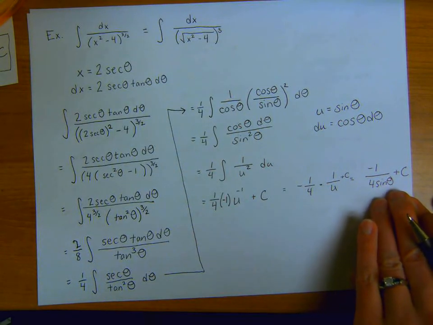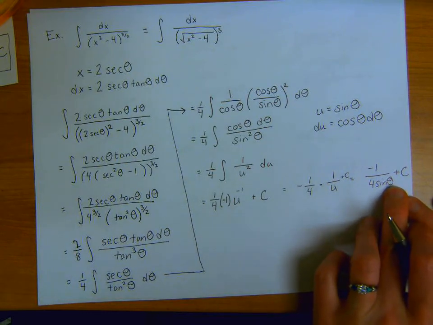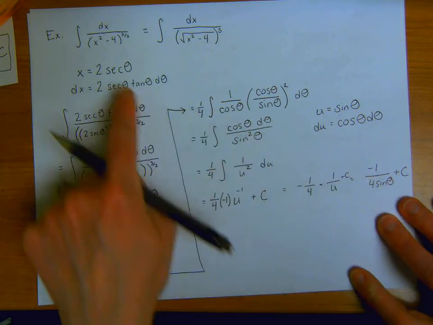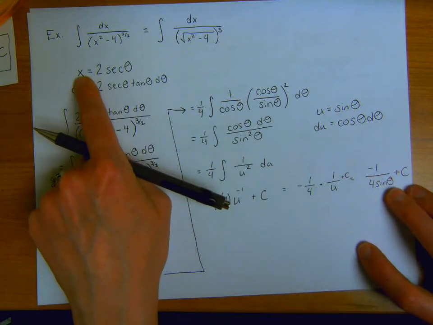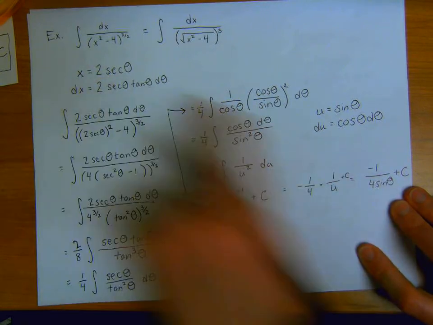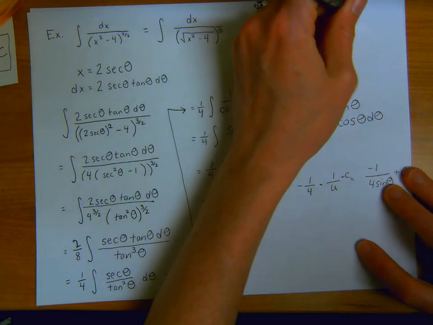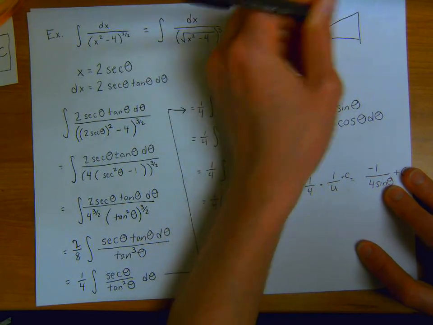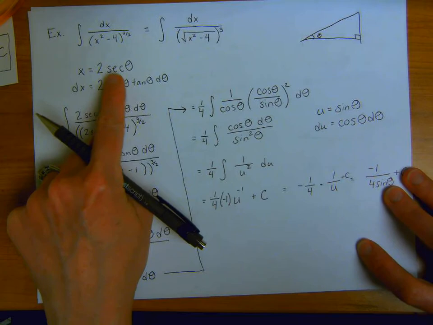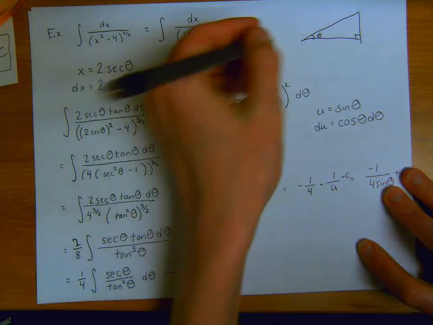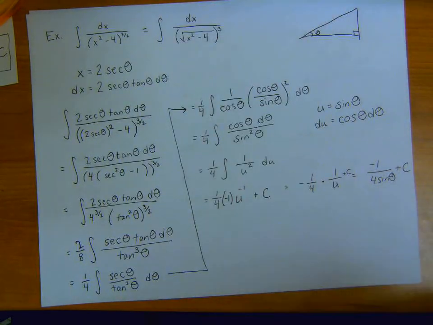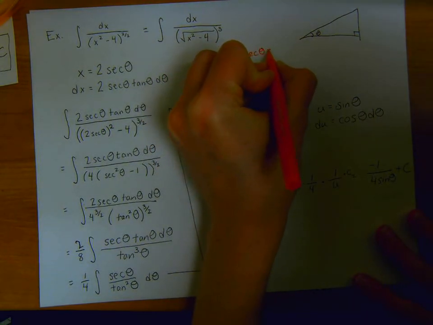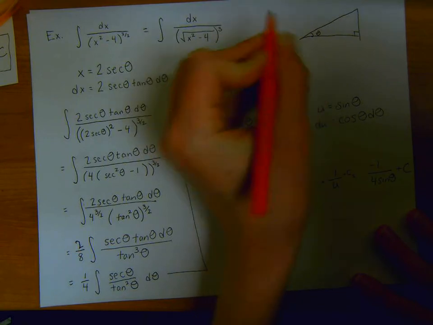We integrated. Now that we have this, we still have to do one last step. We have to convert our thetas back into x's. And just looking at this, I need to have my picture in order to know how to convert these back again. So I draw a picture. What was my original relationship? My original relationship was, maybe I'll even write it in red to offset it, that the secant of theta is equal to x over 2.